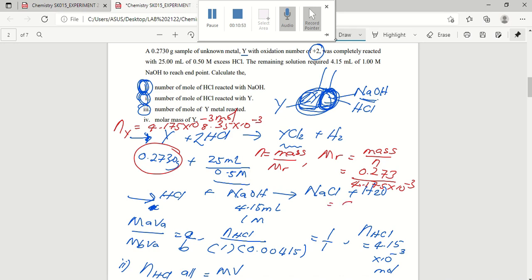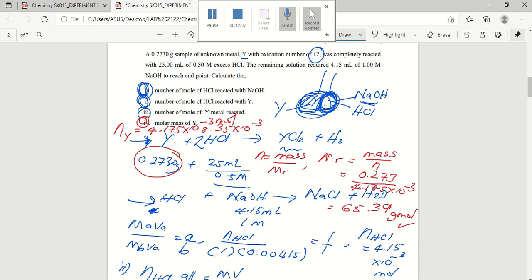So we get 65.39 gram per mole. So you can find which metal has molar mass the nearest to 65.39 using the periodic table.